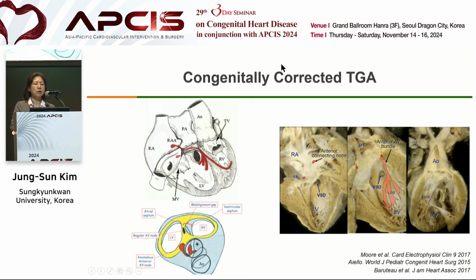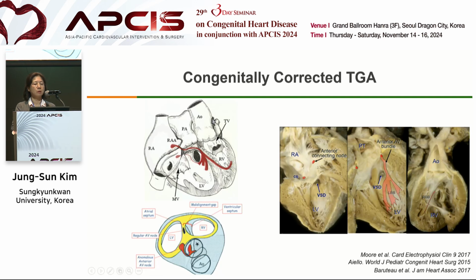Corrected TGA is one of the congenital heart diseases which have an abnormal disposition of the atrioventricular conduction system along with the abnormal ventricular arrangement and the malaligned septal components.